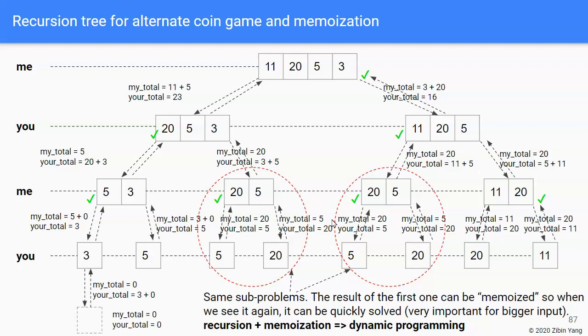This can speed up the algorithm a lot when the tree is a lot bigger and there are many common subproblems or subtrees. This technique is called memoization. And if we have recursion plus memoization, that results in a technique called dynamic programming, which is very useful for solving a lot of problems fast.